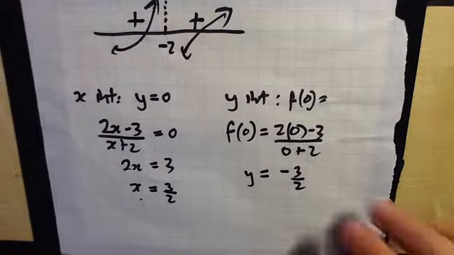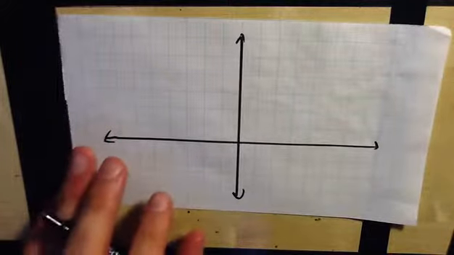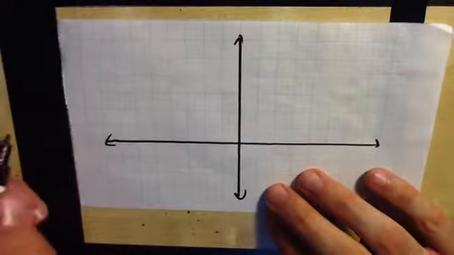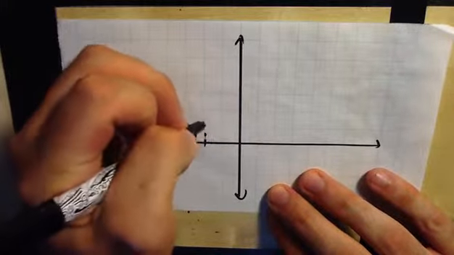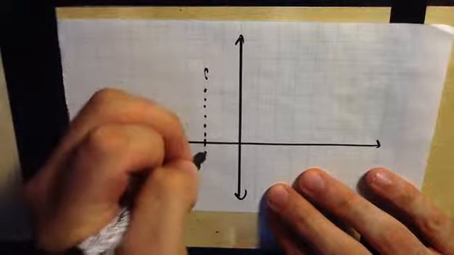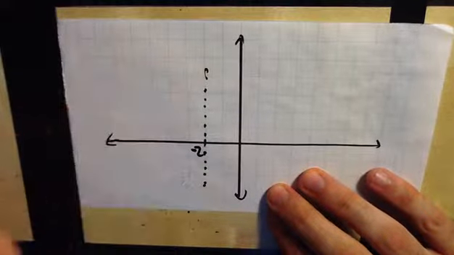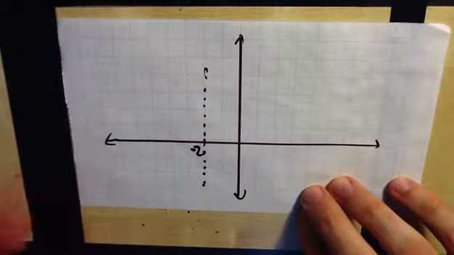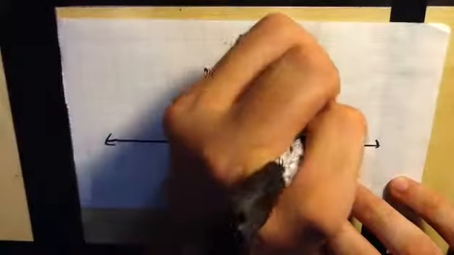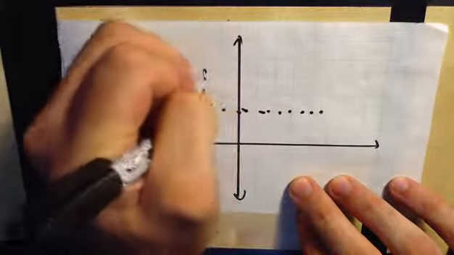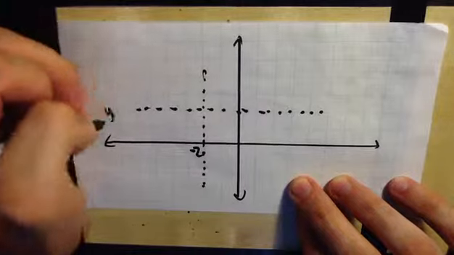So let's put it all together on a graph. Let's just have some axes here. What did I find? I found that the vertical asymptote was at x equals negative 2, so that's here. I found the horizontal asymptote was at y equals 2, so that's at y equals 2.